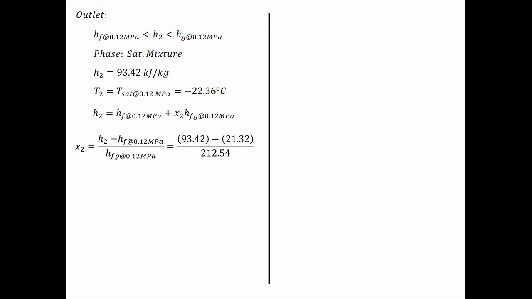So rearranging the equation, we will get the value of X2, where X2 equal to 0.34, which is also equal to 34% in vapor phase, and the rest will be in liquid phase.